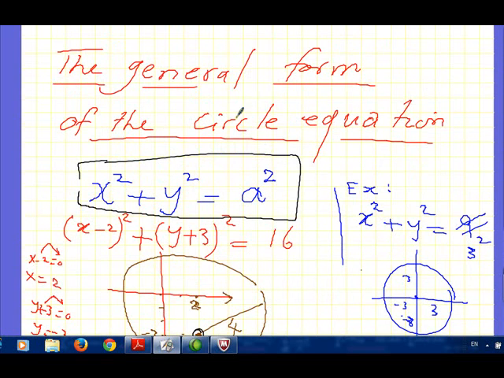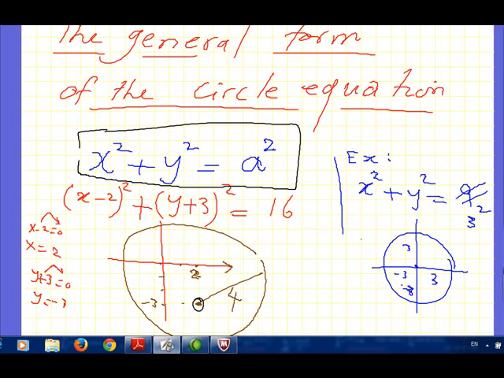The general form of the circle equation, to be able to solve some sort of problems, is x squared plus y squared equals a squared, which is a circle symmetric about the origin with radius a. If we take an example, x minus 2 to the power 2 plus y plus 3 to the power 2 equals 16, it is an example of a circle.